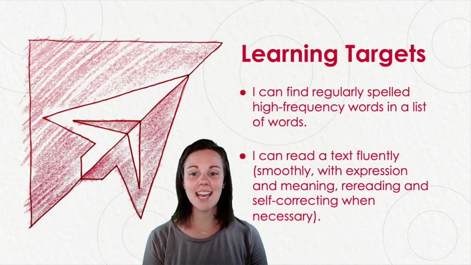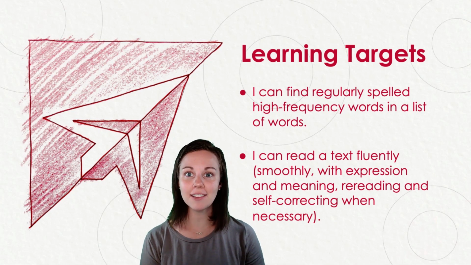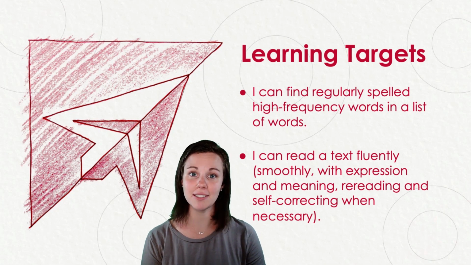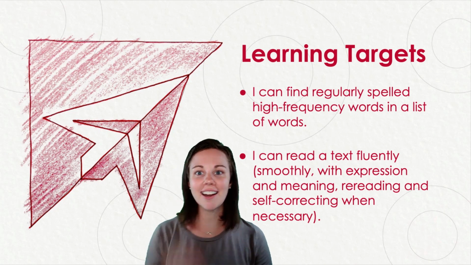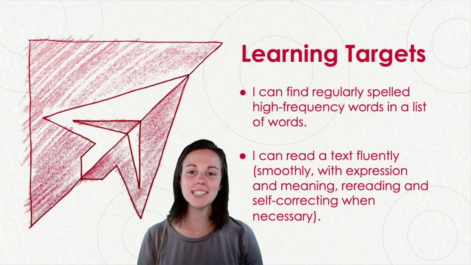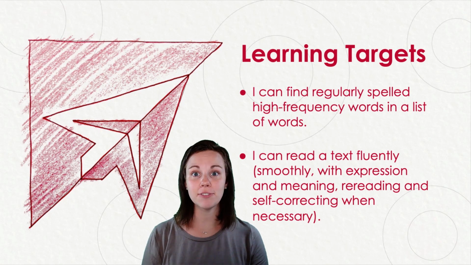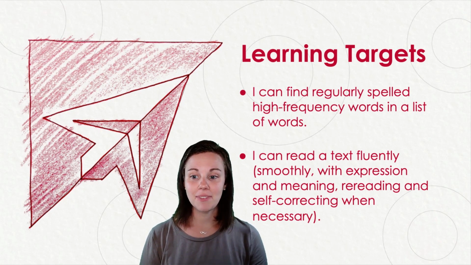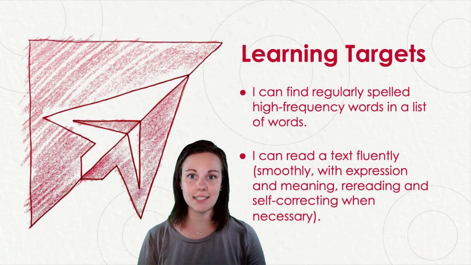The first one says, I can find regularly spelled high-frequency words in a list of words. Those will be our snap words, of course. Our second learning target says, I can read a text fluently, smoothly, with expression and meaning, rereading and self-correcting when necessary.